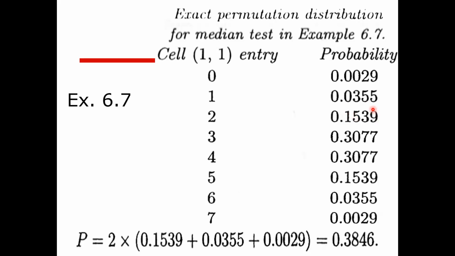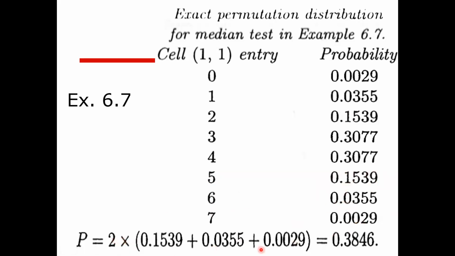All right. And for our problem, A is equal to 5, right? And to calculate a two-tail p-value, we need to sum the probability that A gets 5, 6, and 7. That's the upper tail, right? When we sum up this probability, we need to double it.